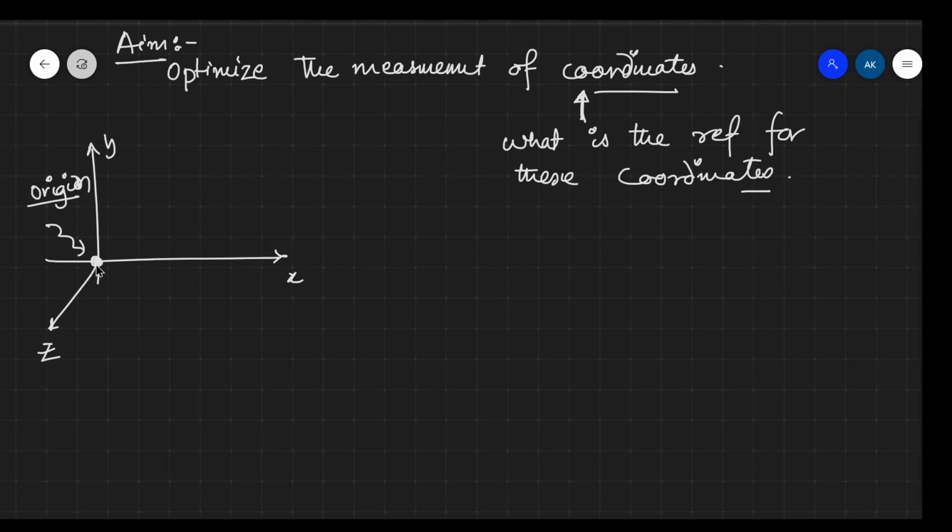If you have to measure a point in space, you take projections on the x-axis, then along the y-axis, and then the z-axis. Anyway, you can go in any order, that's not an issue.